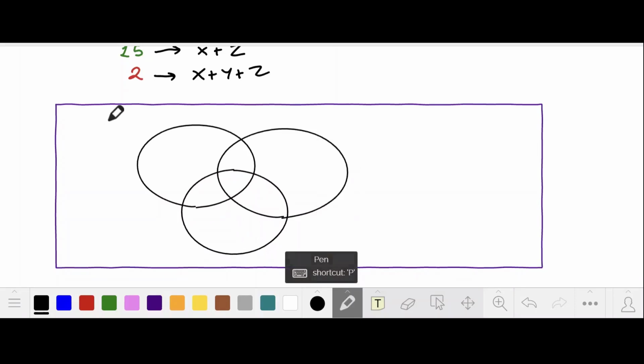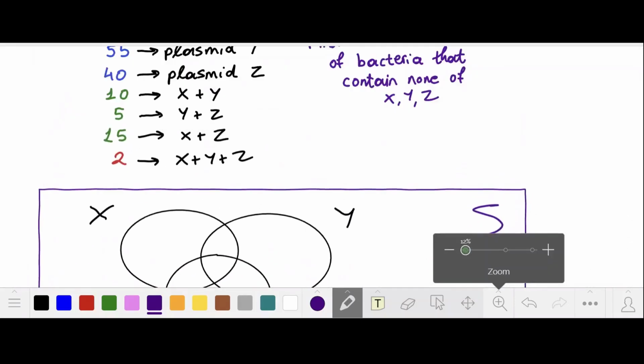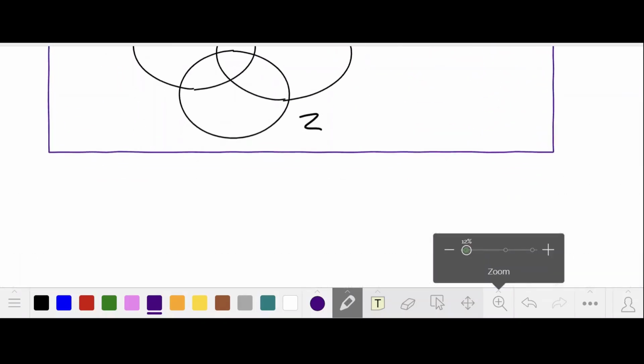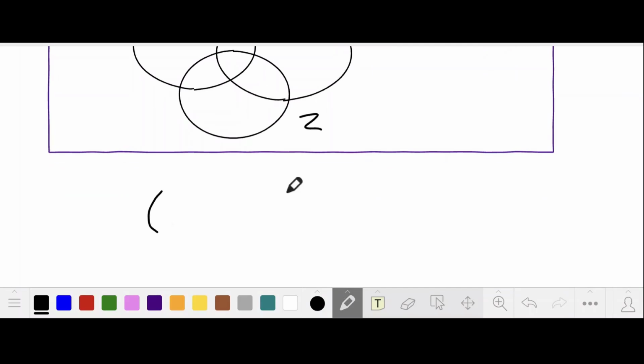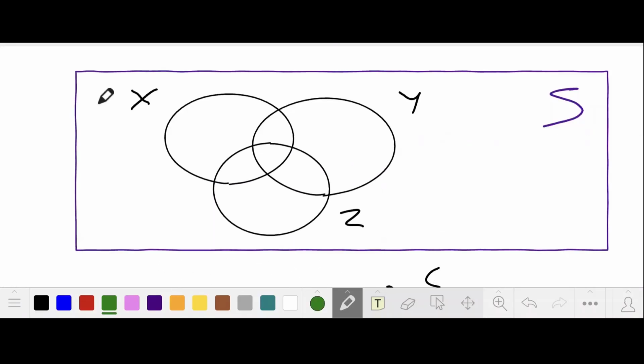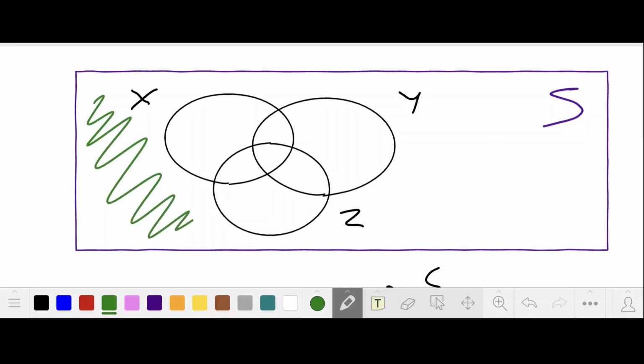So we have three sets in total, X, Y, and Z. And our universal set S, which corresponds to the 200 bacteria. What we actually want to find is the complement set of the union of X, Y, and Z. And this corresponds to this region of our graph.